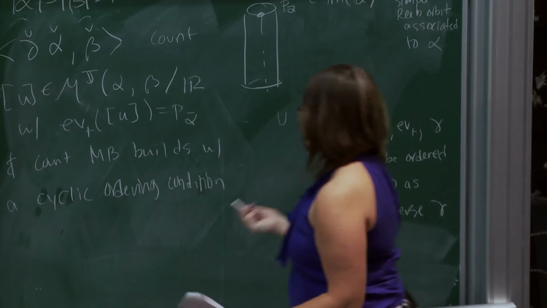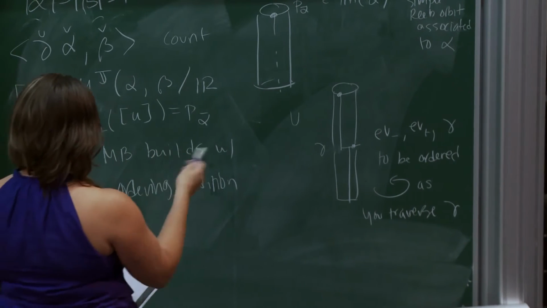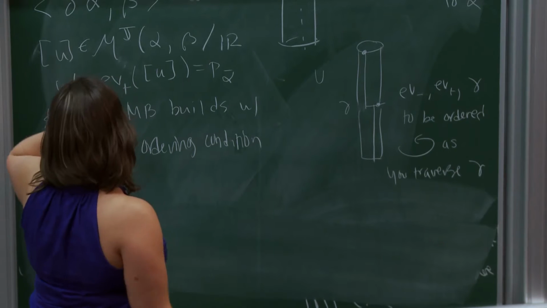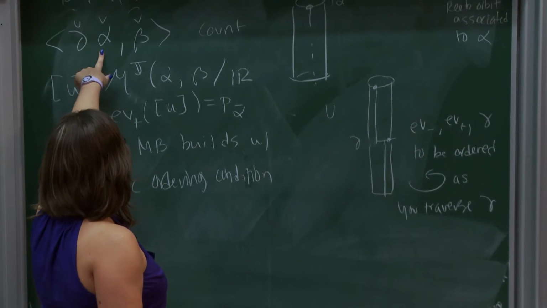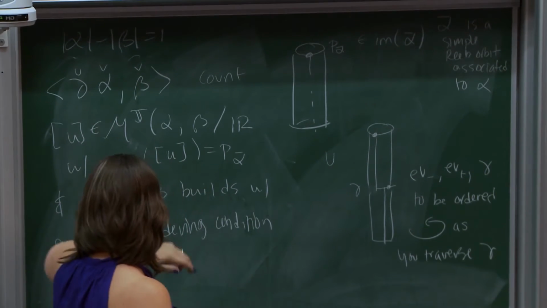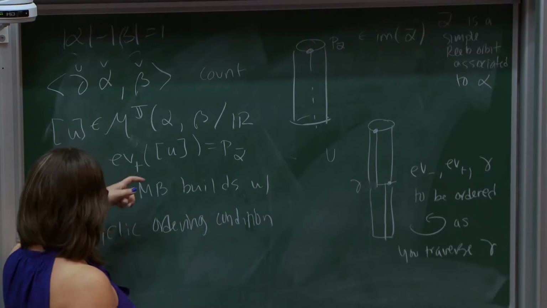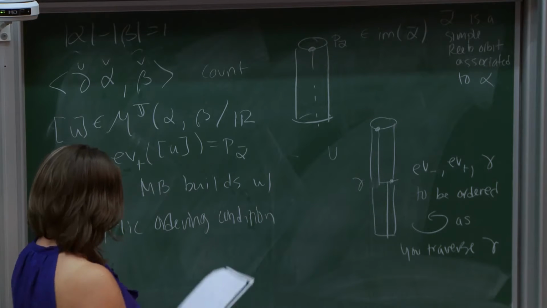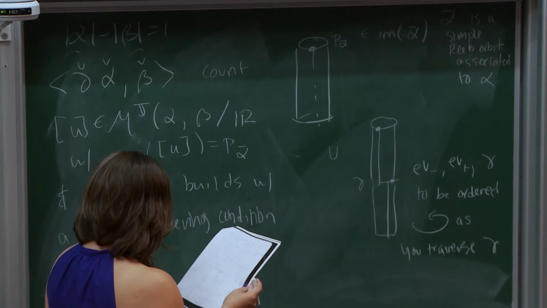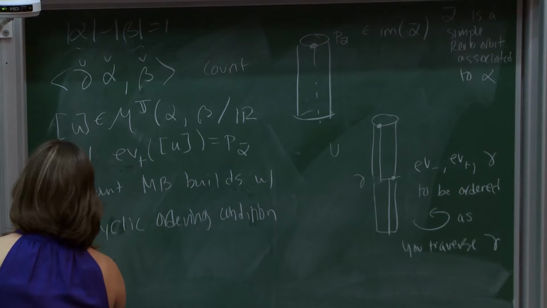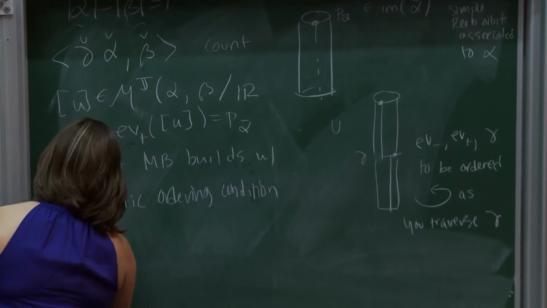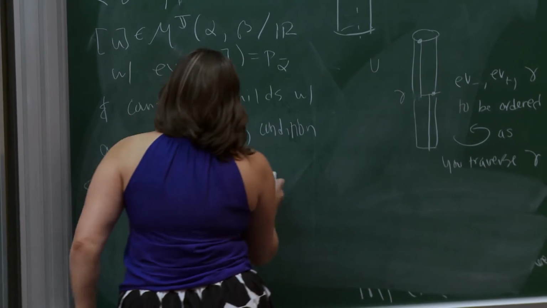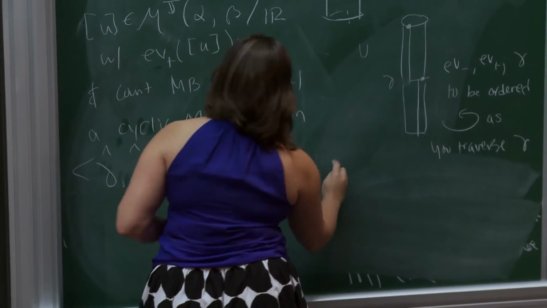So you're going to need to orient a direction for how you're going around your Reeb orbit. Okay. And then D check of alpha check, beta check is going to be something analogous, except instead of having the positive evaluation constraint, you're going to have the negative evaluation constraint. And then the negative constraint.